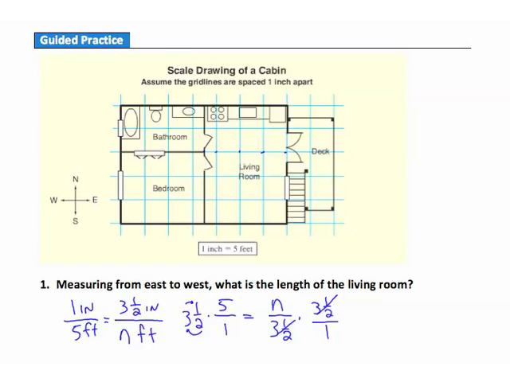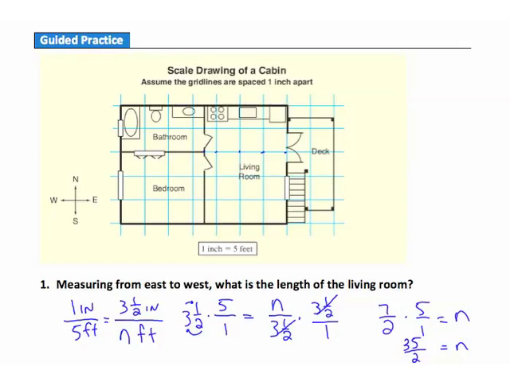So let's rewrite this again. We're going to have 7 halves times 5 over 1, and that's going to be equal to n. Well, let's see. All of those numbers are prime, so we're not going to have any common factors divide out. So what we're going to get is 35 over 2.